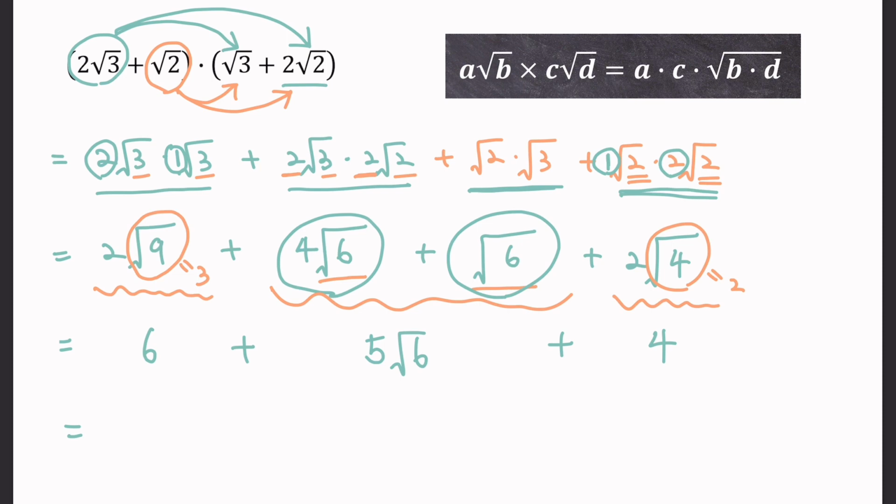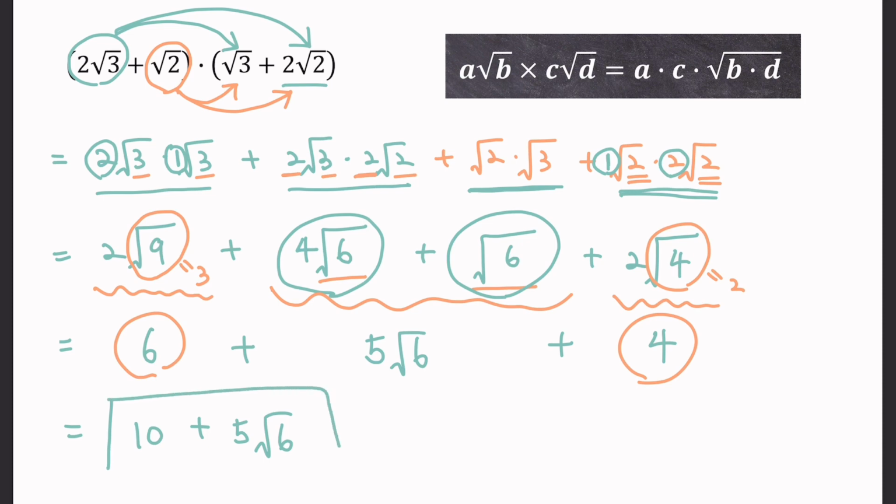And if I combine like terms here, I can combine 6 and 4 together. So I end up with 10 plus 5 square root of 6. And that is the simplest form that we can come up with. So I'm going to box it and define that as my final answer. So the final answer for this problem will be 10 plus 5 square root of 6.